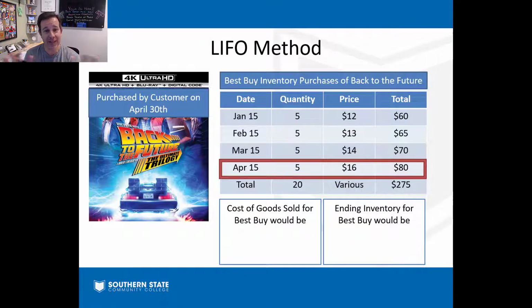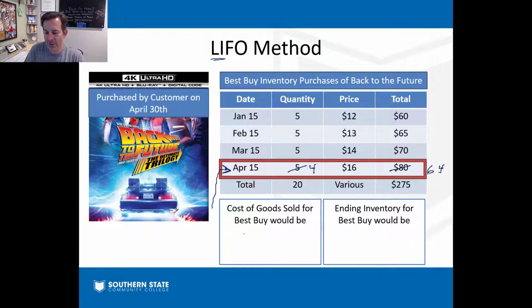Again, we'll take the idea that a customer comes in and buys 1 video set here. LIFO, last in, first out. April 15th, last one's in. We bought 5 at 16. If someone buys 1 copy under LIFO, we'd have 4 left. 4 times 16, we'd have $64 left of inventory from that group.